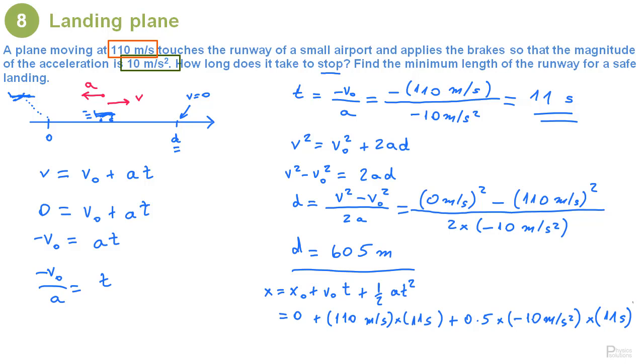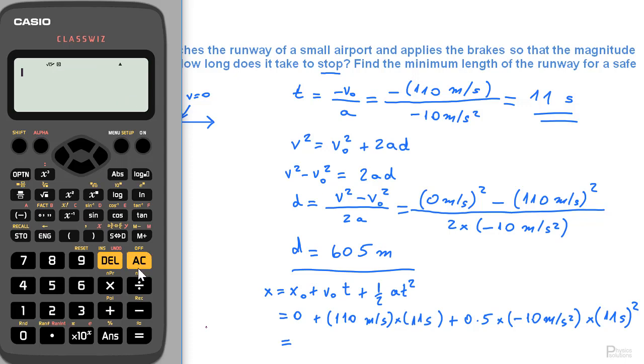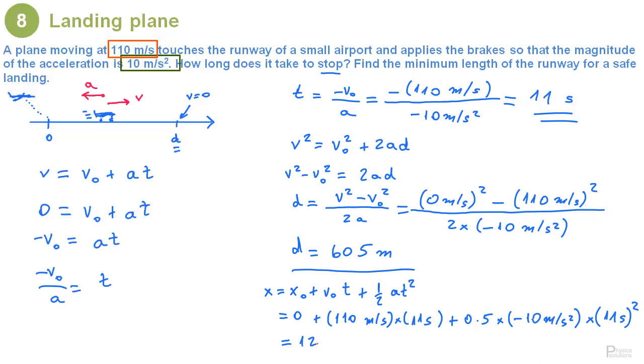And the time has to be squared. So we could in principle use this formula. Let's see what we get. Back to the calculator, we have 110 times 11 seconds. That is a big number, let's write this down: 1210.